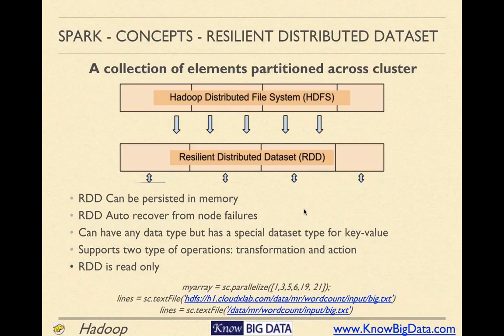So that was the idea behind the RDD: let's create a big array which is distributed across the cluster, with some elements on one machine, some on another, some on some other machine. That was the most important part about the Resilient Distributed Dataset.